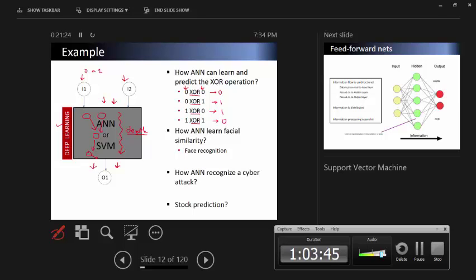How artificial neural network learns facial similarity. This is an application, right? If you have a neural network, then you can also classify the faces.